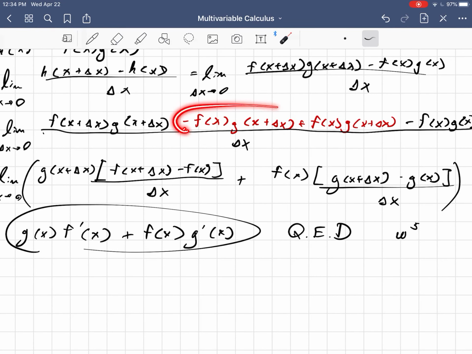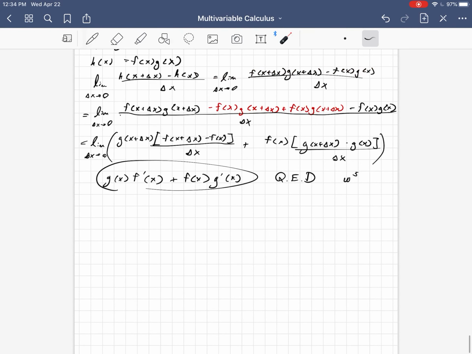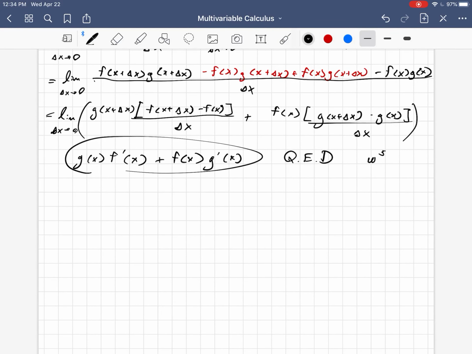I have an f of x plus delta x. All I need to do is subtract an f of x. And since this g of x is attached here, I need to also multiply my f of x by this g of x plus delta x so that I can then factor it out here. And then since I subtracted this part, I need to then add that same part here because I can only add 0 or multiply by 1.